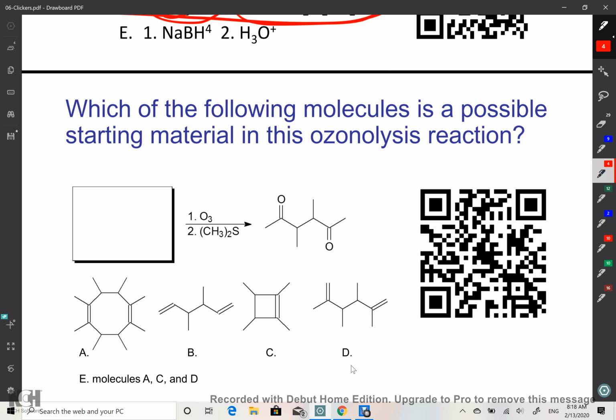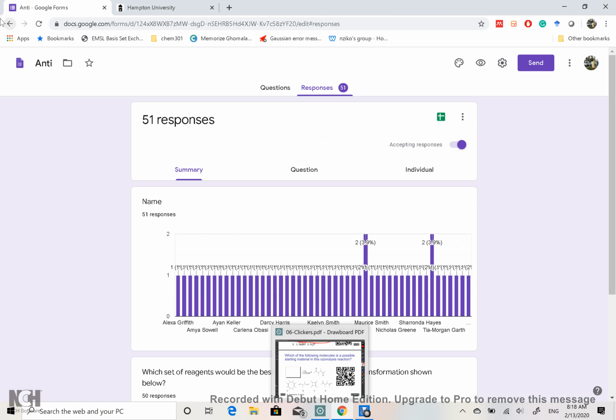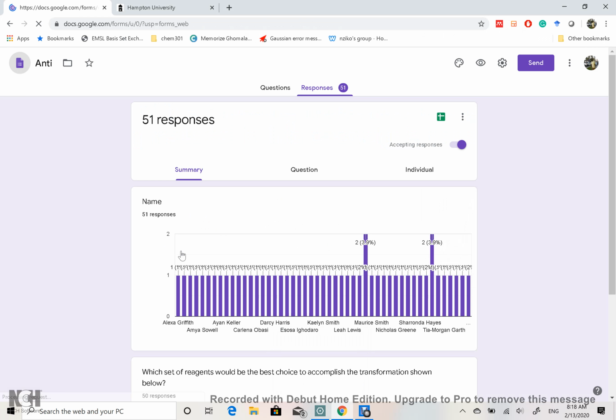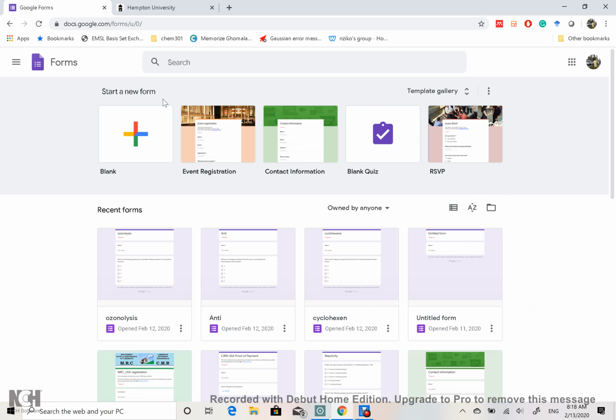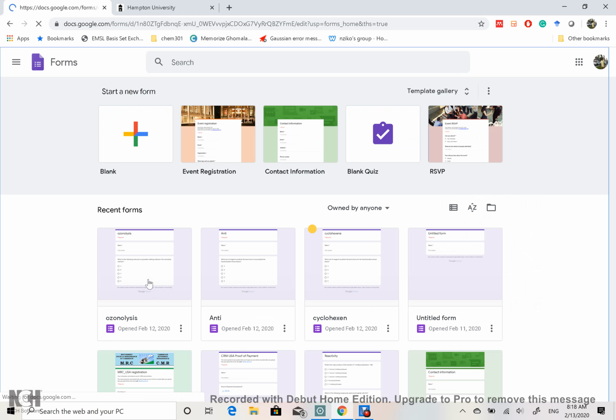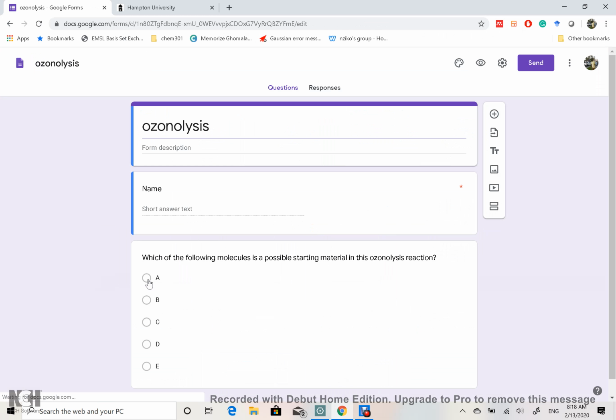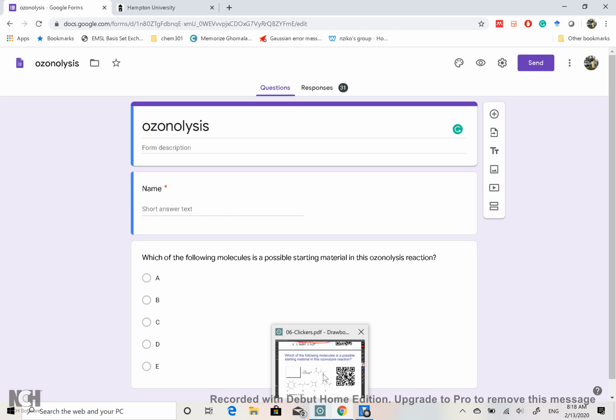Which of the following molecules is a possible starting material for the ozonolysis reaction? Let me see what you guys think.